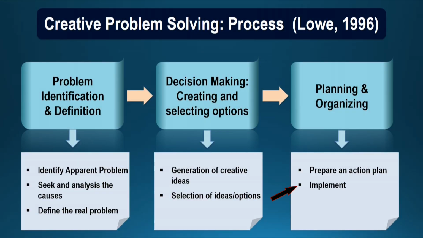What kind of approvals need to be obtained, etc. So, a detailed action plan is prepared in advance to ensure smooth or successful implementation of the idea which has been selected. Once the action plan is ready, then the idea is ready for implementation.